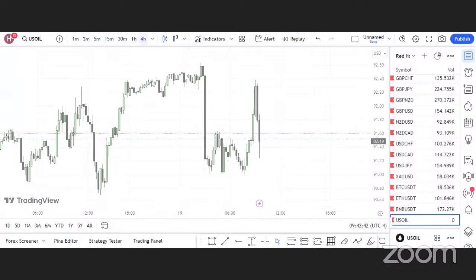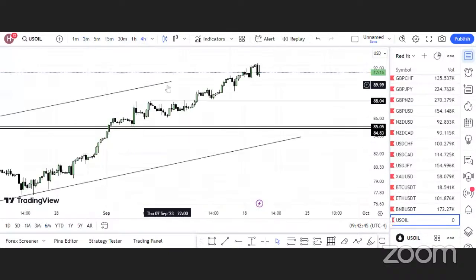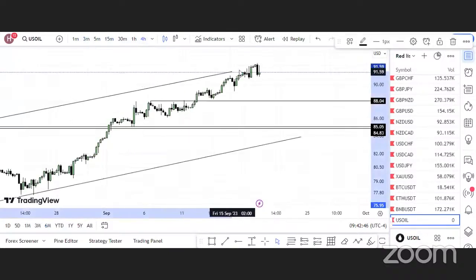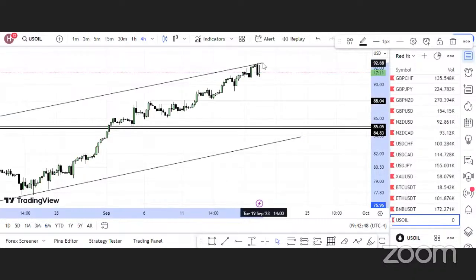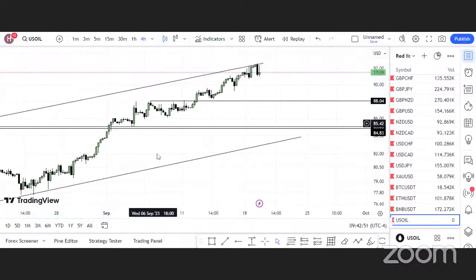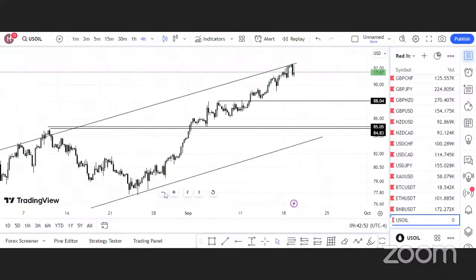So first off, let me use the higher time frame. Okay, let me use the 4-hour time frame to get the overall direction of the trend.